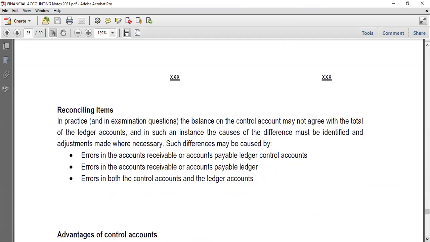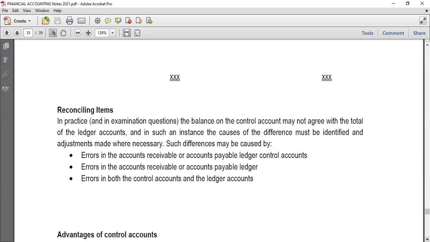Now, also, for examination purposes, or what you may find in an examination question, the balance of the control account may not agree with the total of the ledger accounts. For example, you may find your debtors ledger accounts not agreeing with the debtors control account.